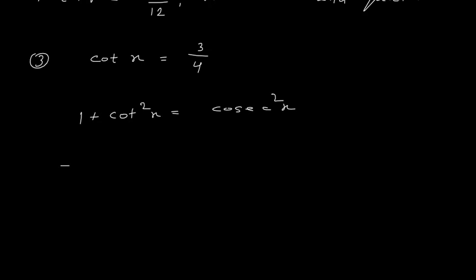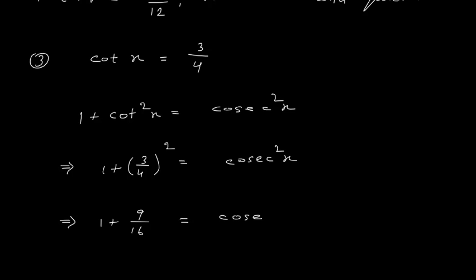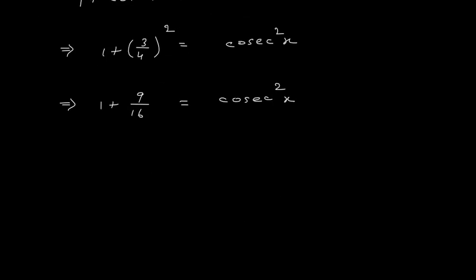Therefore 1 plus 3 divided by 4 square is equal to cosec square x. So 1 plus 9 upon 16 is equal to cosec square x. This implies 16 plus 9 is 25, so 25 divided by 16 is equal to cosec square x.